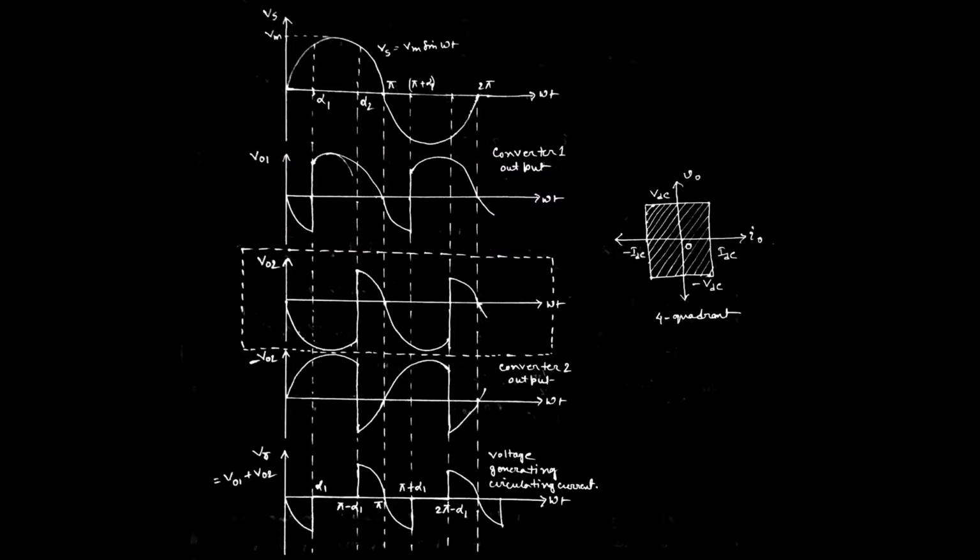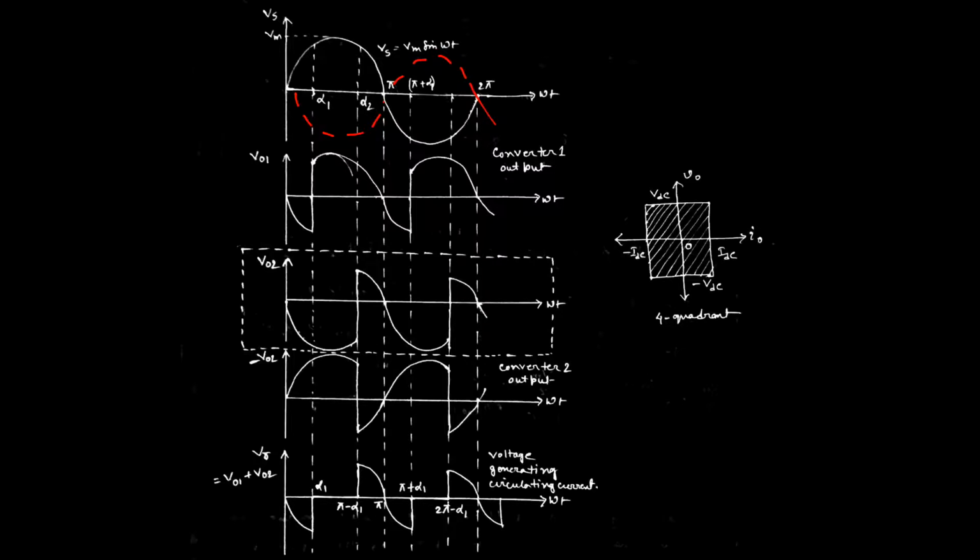Now in case of converter 2, before explaining this topic, let us assume that converter 2 is connected back to back, that is why the output voltage should follow this type of input voltage.